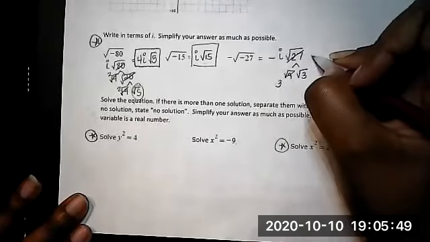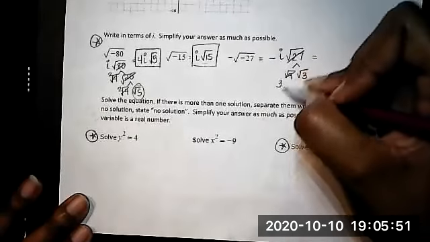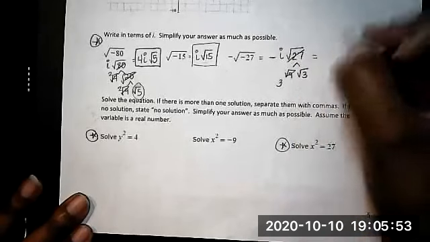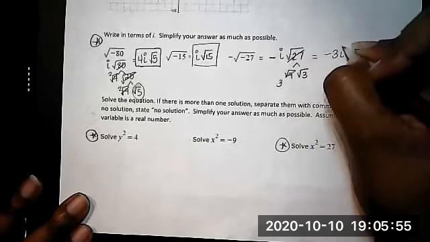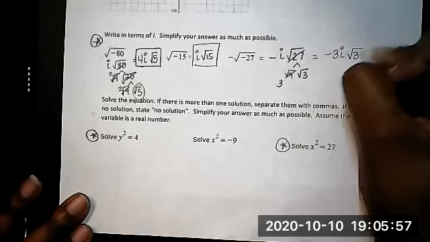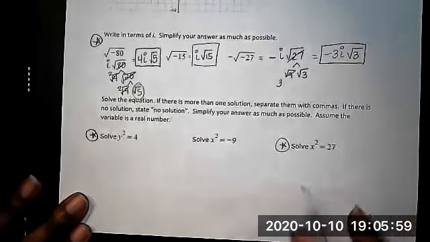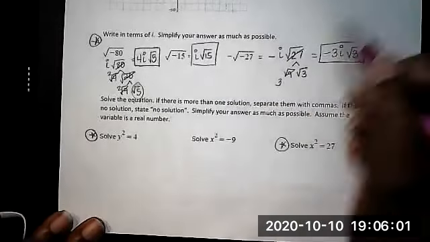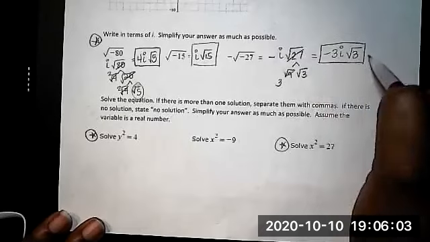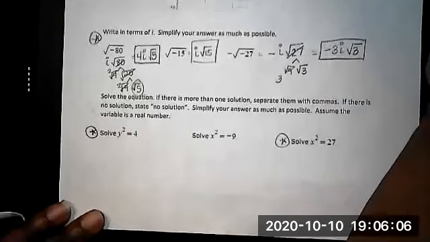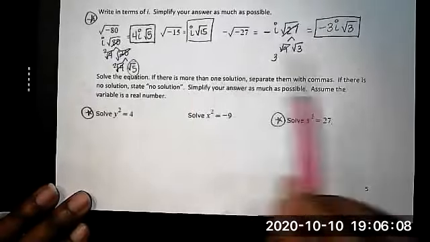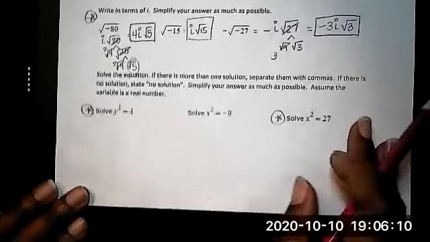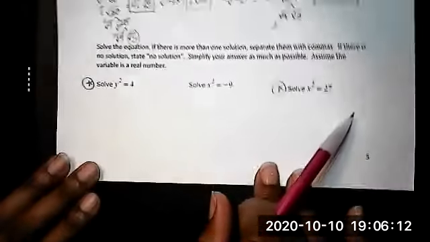So now, what does it look like? I have that 3 on the outside. I have negative i on the outside. Negative 3i times the square root of 3 is what's happening there. Okay. So that's left over inside. So I believe it. And if you have problems, you need to go back and probably look at your radicals. Radicals are a lot.